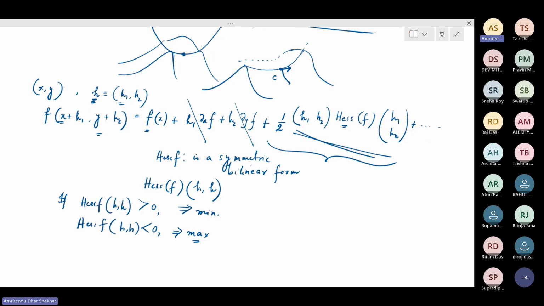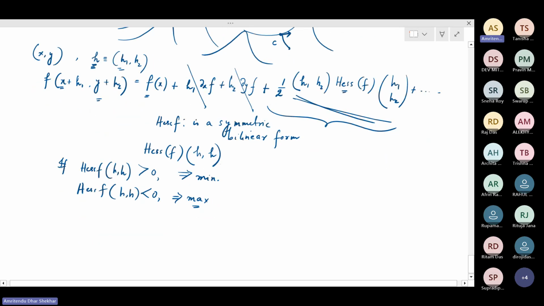And to determine whether it's a saddle or not, what you need to do is basically this. You look at the Hess of f and you compute its eigenvalues.